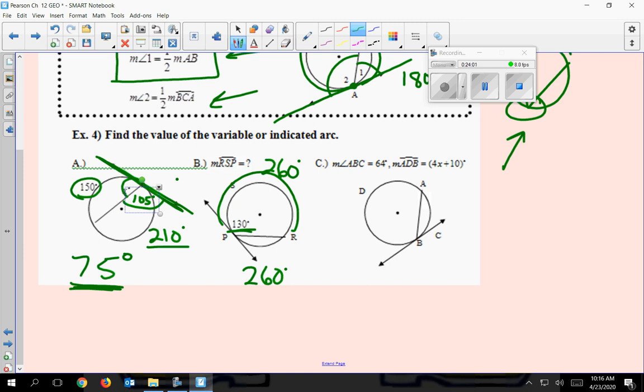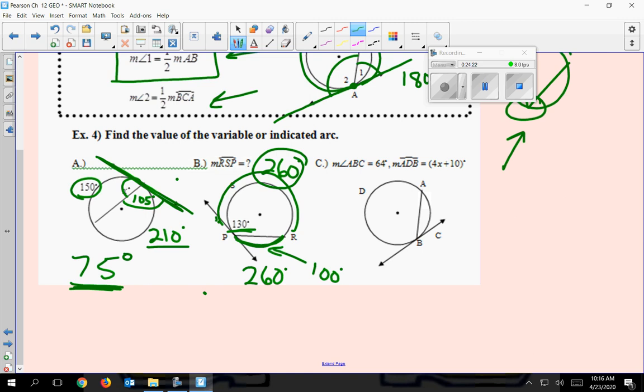Well, guys and ladies, don't I have another arc over here? And this big arc was 360, so if I take 360 and subtract the arc that I have, what's this little guy going to be down here? Well, I think it's going to be 100, okay? Right?